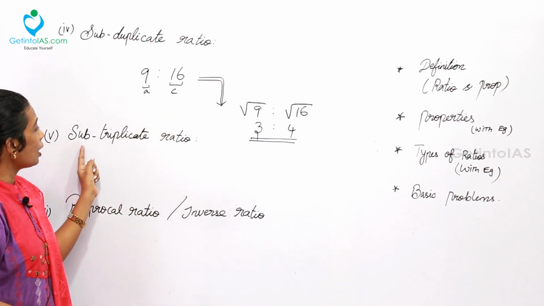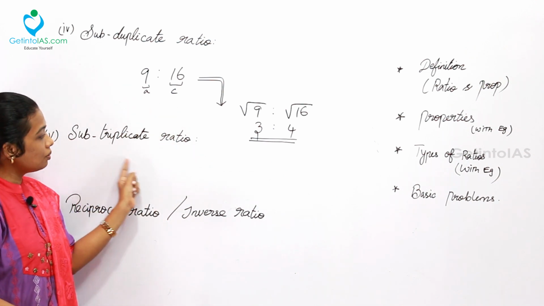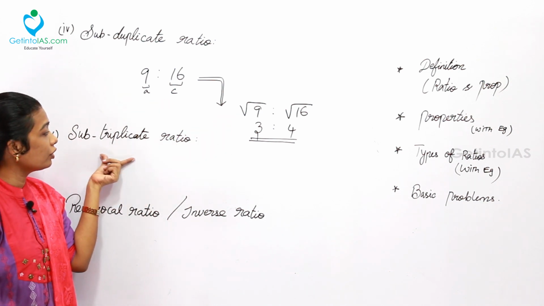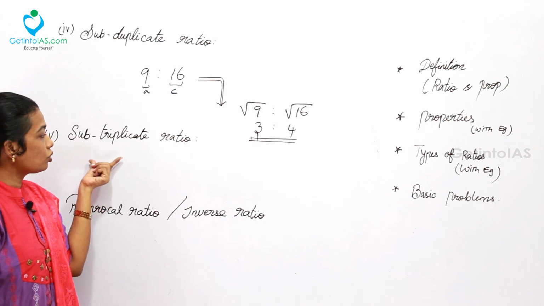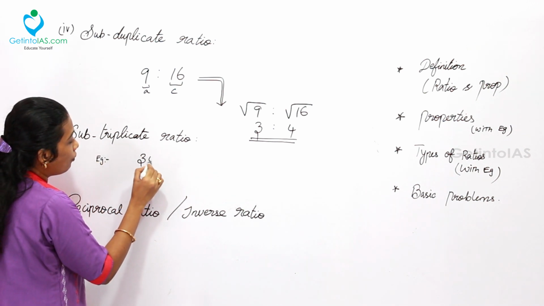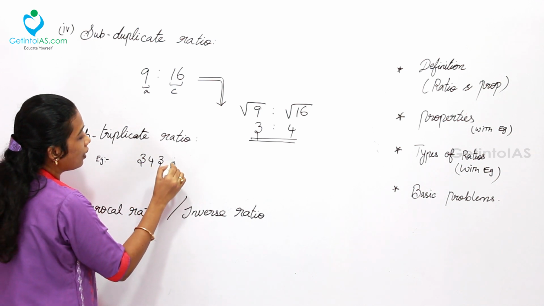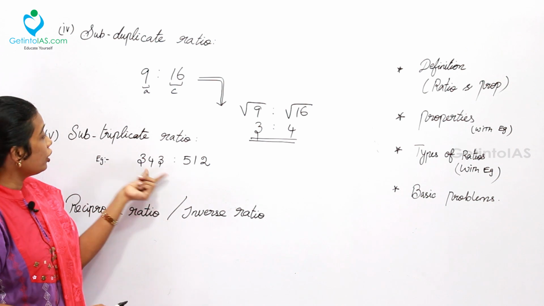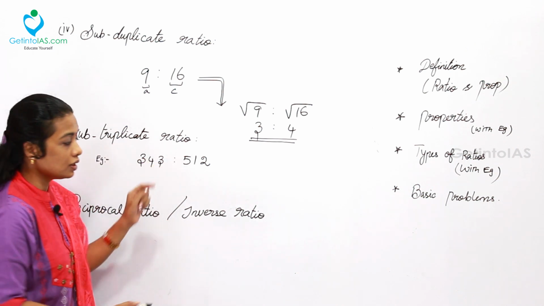The next one, subtriplicate ratio. This is similar to that subduplicate. Here we have taken square root. Here we are going to take cube root. So here, say for example, 343:512, which is given, and you need to find the subtriplicate ratio of this.